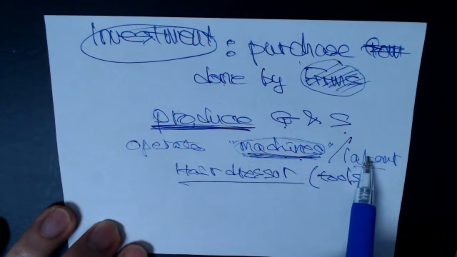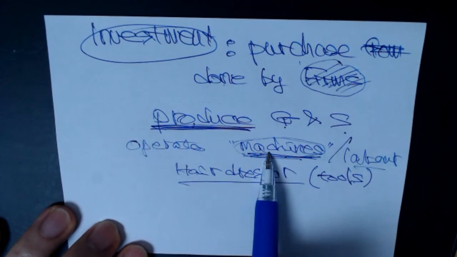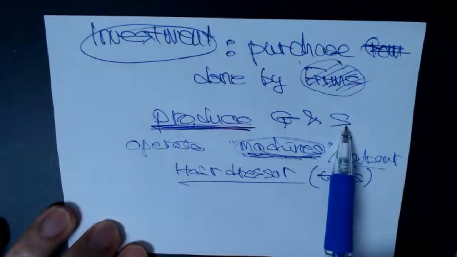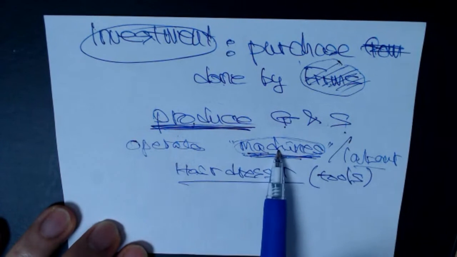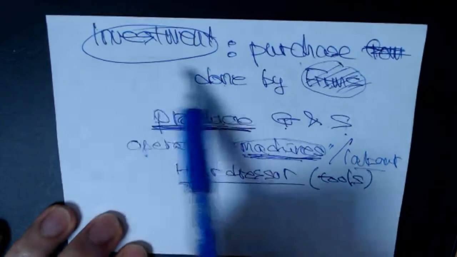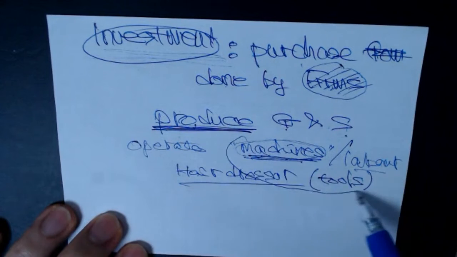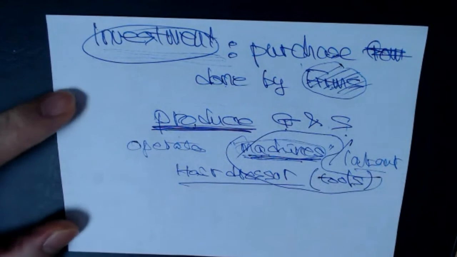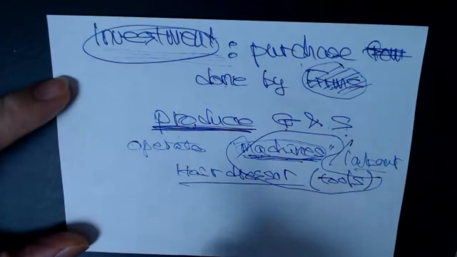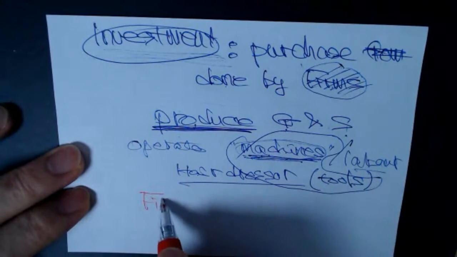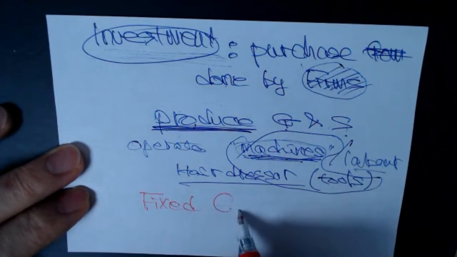The labor is from the household, the machines from other firms. So the firms, to produce goods and services, have to purchase machines. That is investment. And machines and tools, economists call by another name: fixed capital.